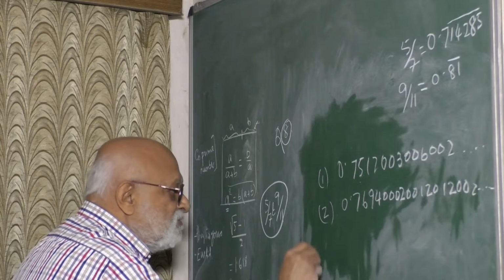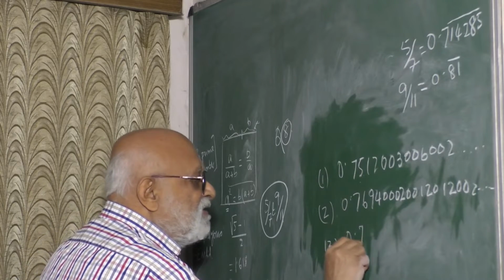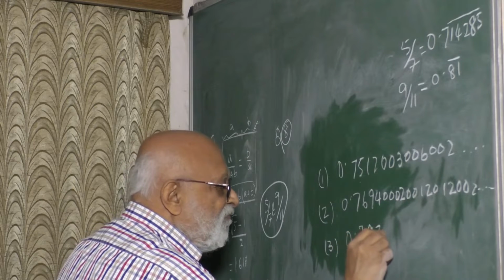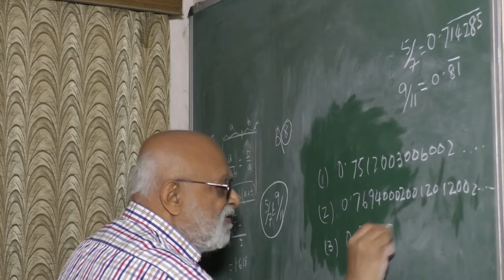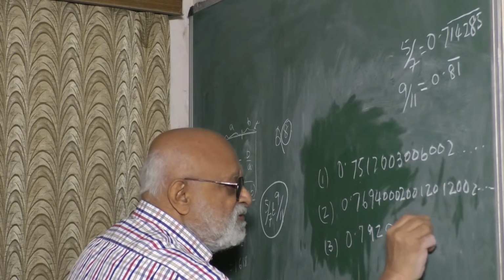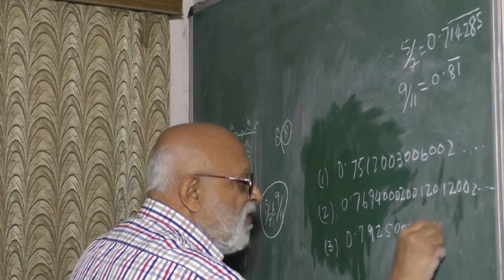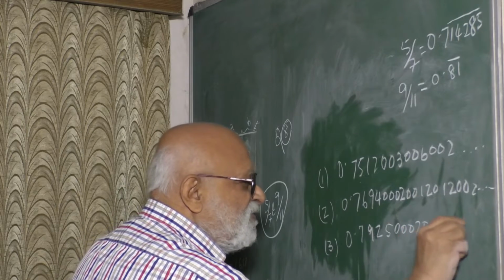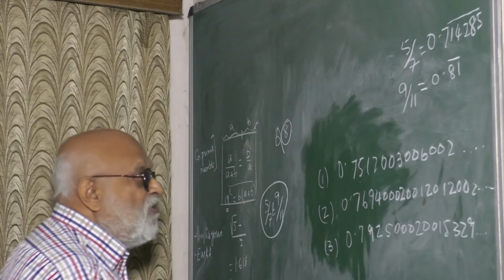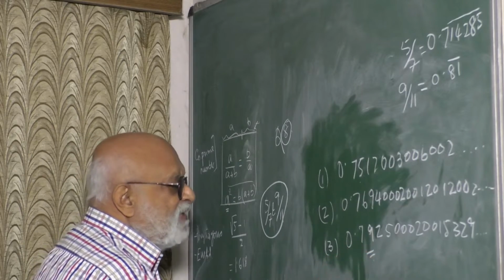Third one, 0.792515329. I can keep on writing it, as long as this number does not become more than 0.81.